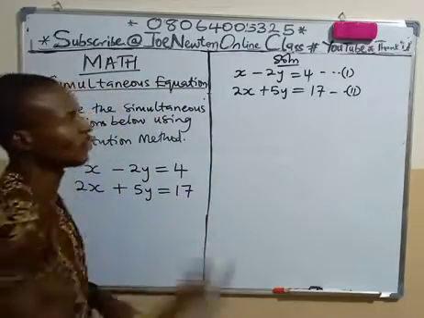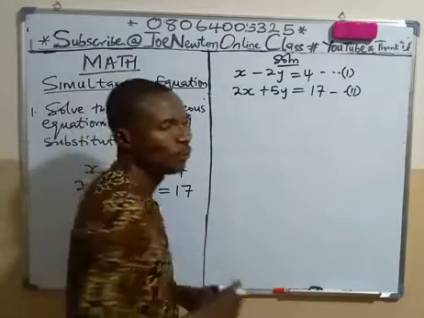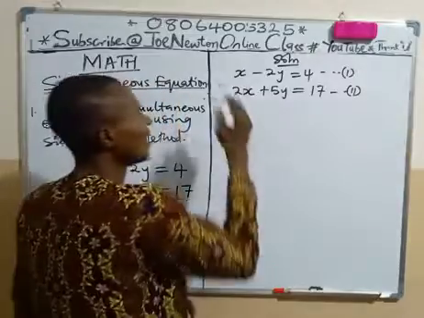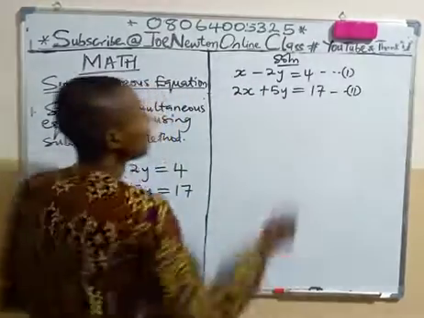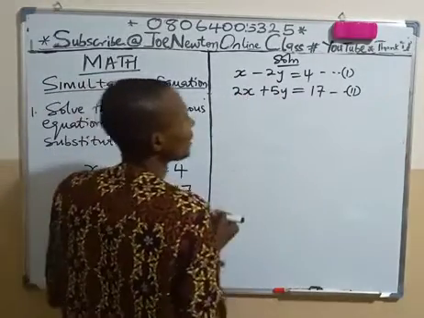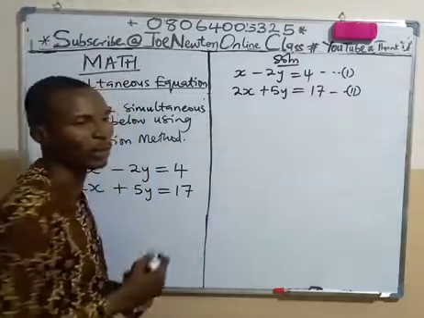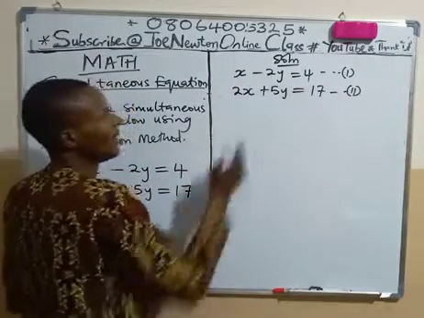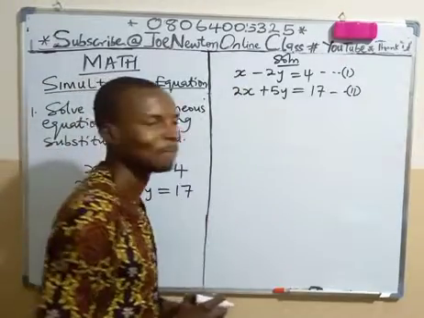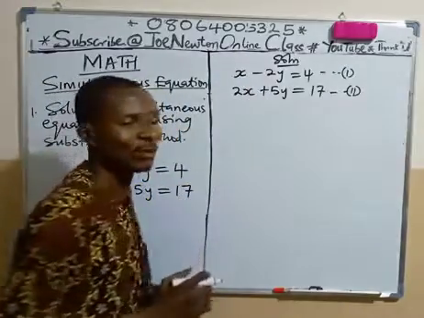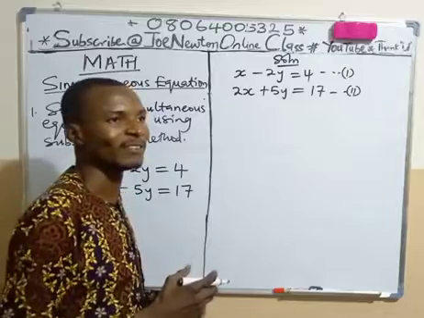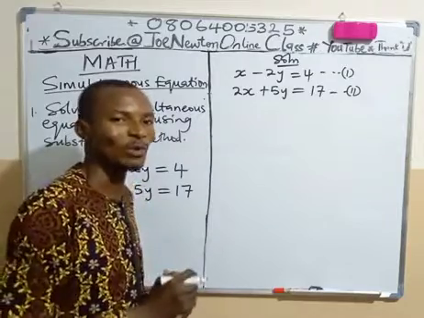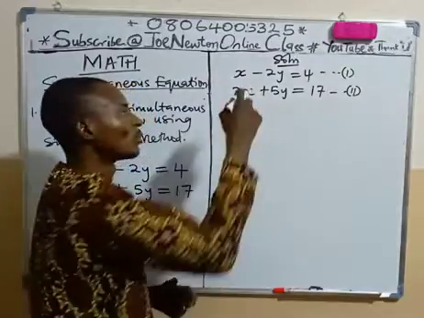Now, we have two unknown variables in both equations, that is x and y. Using substitution method, we can go to equation 1 and make x the subject of the formula. Then whatever we get as the value of x in equation 1, we now substitute it in equation 2.